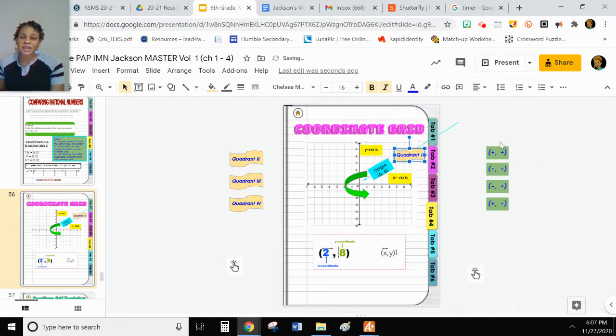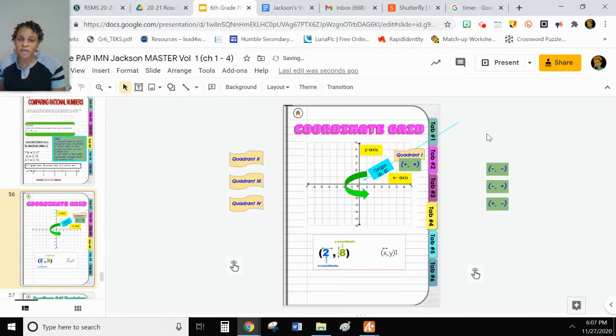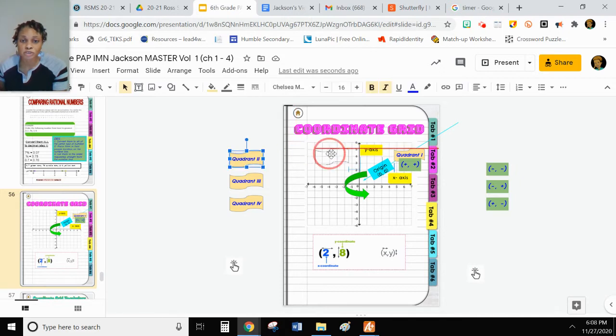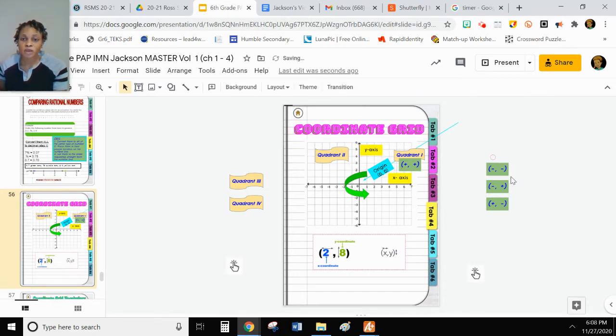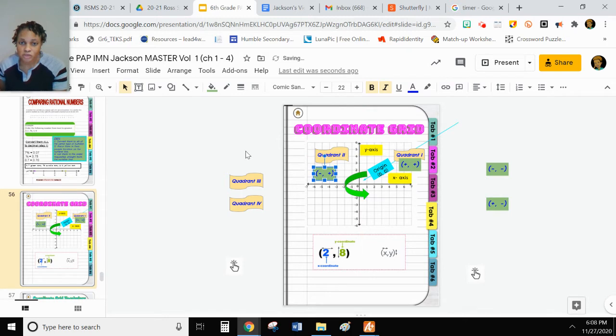Quadrant 1 has a positive x value, as you can see here, and a positive y. After quadrant 1, in a counterclockwise direction, we have quadrant 2. Quadrant 2 has a negative x value and a positive y. So this is quadrant 2.